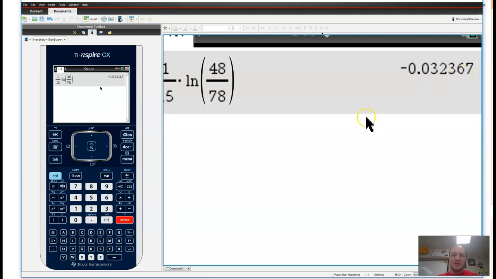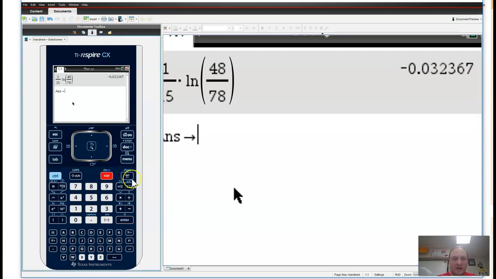0.032367. So I want to teach you guys something. We're going to have to work with this k value again. So a cool trick that you can do is you should see right here this STO. This is store, and it has an arrow. So I'm going to hit Control VAR. So this is storing. It says answer to, and here you're going to input a value. So our variable is called k. I'm just going to go ahead and enter k.